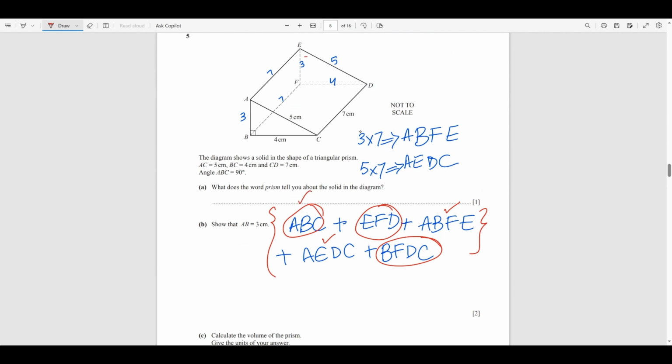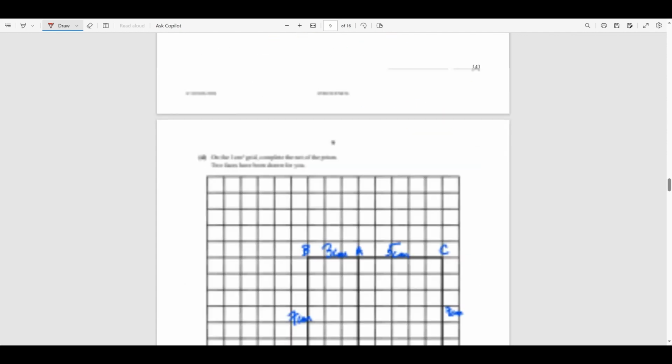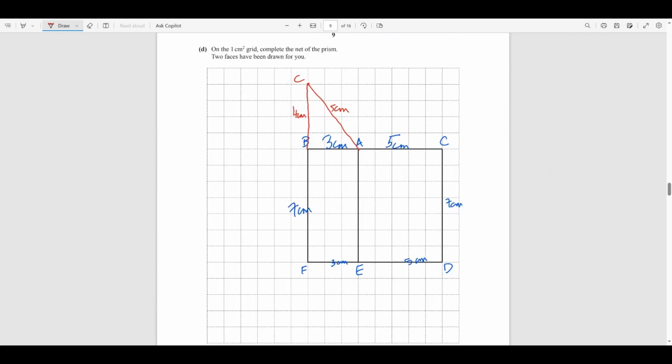So EFD is this triangle, the back one. We can make it connecting FD or we can make it connecting EF. Let's see what we have. I think we have EF. So it should be the same way because it's all identical. So this D and this D should match because when you try to fold it back, this ED and this ED have to be of the same length, otherwise they wouldn't.